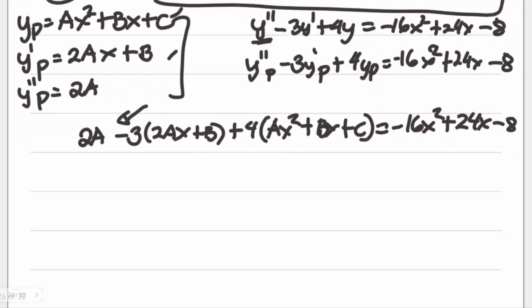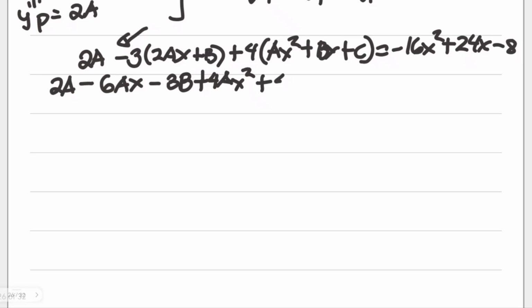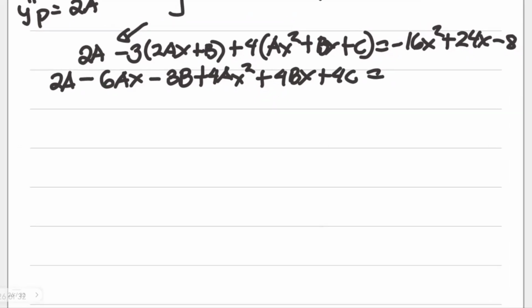Let me simplify the left hand side. So you will have here 2a minus 6ax minus 3b plus 4ax squared plus 4bx plus 4c is equal to minus 16x squared plus 24x minus 8.